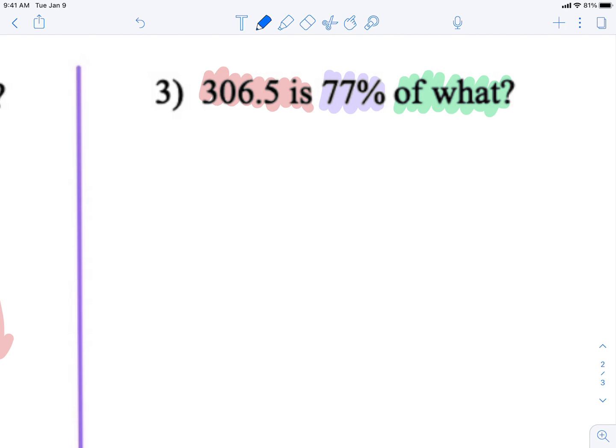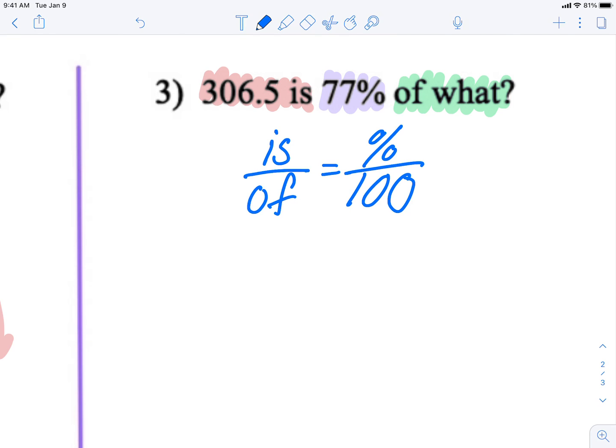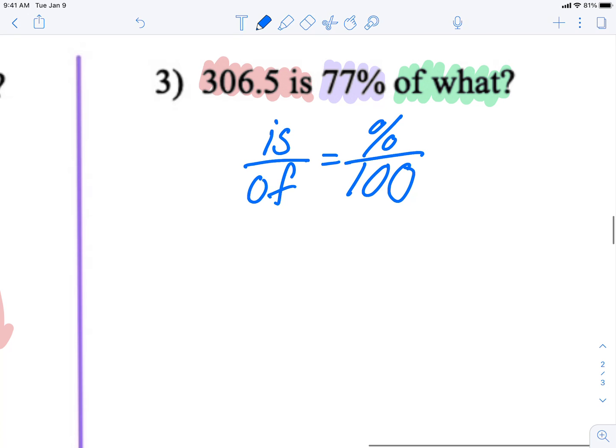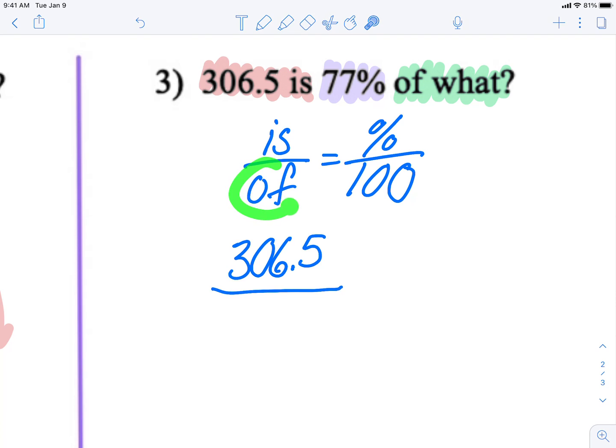Well, let's set up our proportion. Is over of is equal to percent over 100, right? So let's identify our parts. Let's see. What is my is? 306.5 is. So that's my part. What is my of?